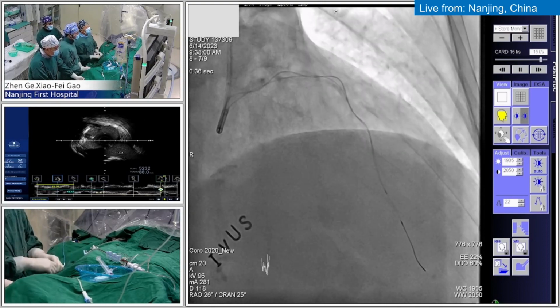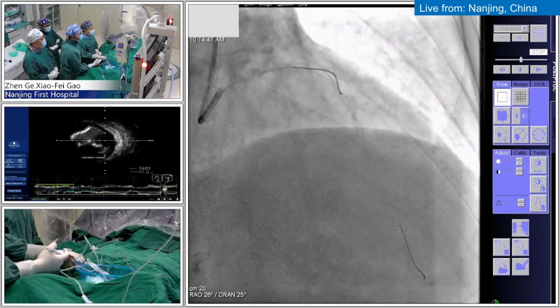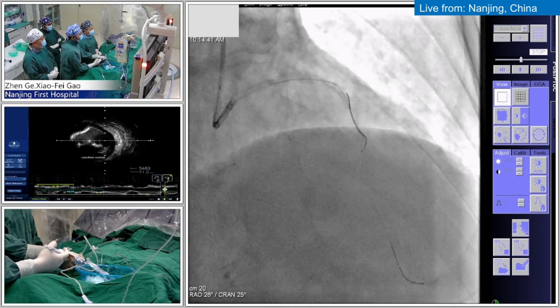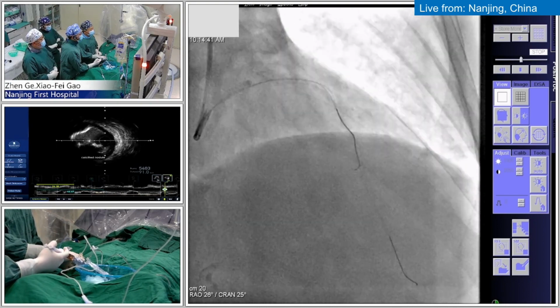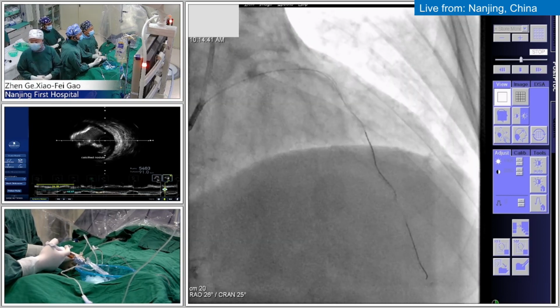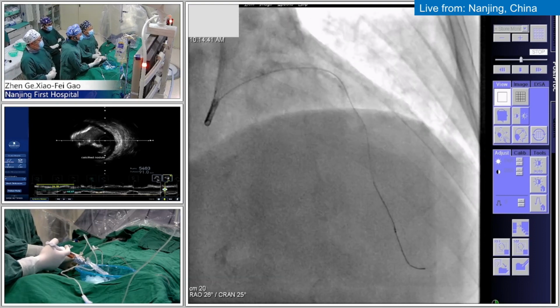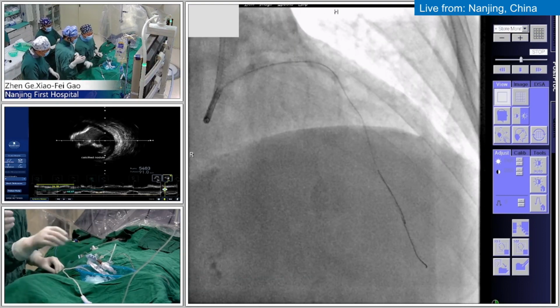I want to use the buddy wire to cross this lesion, because the IVUS catheter does not easily cross the lesion.